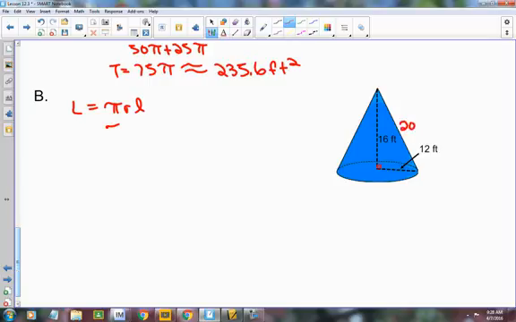So we've got pi times the radius, which is 12, times the slant height, which is 20. So that's a lateral surface area of 240 pi, which is approximately 350 feet squared.